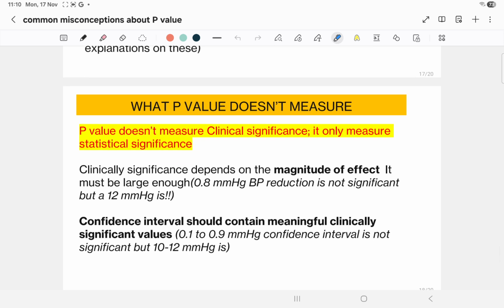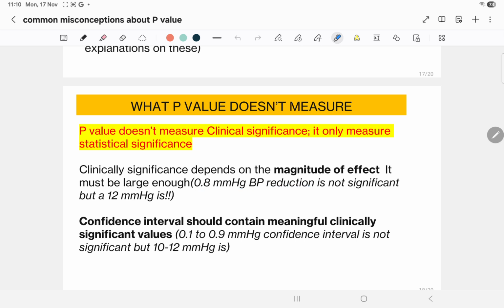Another misconception is that p-value measures clinical significance. No, it only measures statistical significance. It doesn't measure clinical significance because clinical significance depends on the magnitude of the effect. For example, if there is a reduction of 0.8 mmHg in BP by taking a drug, will it be clinically significant?